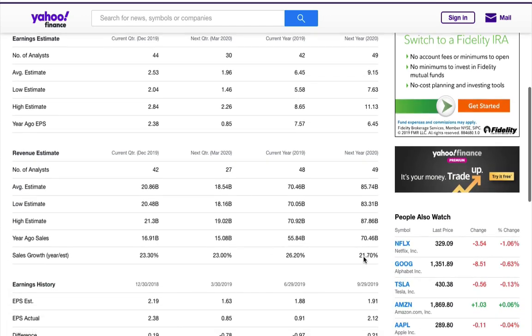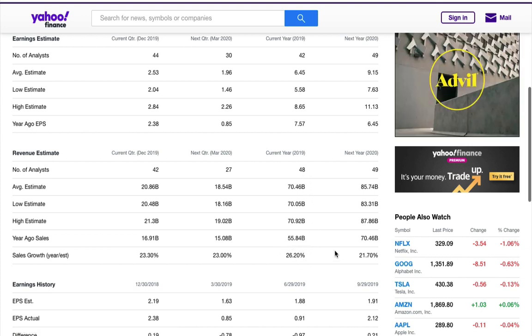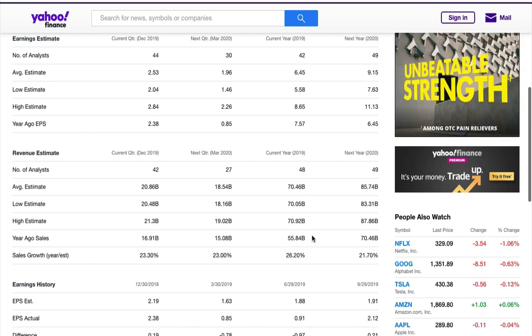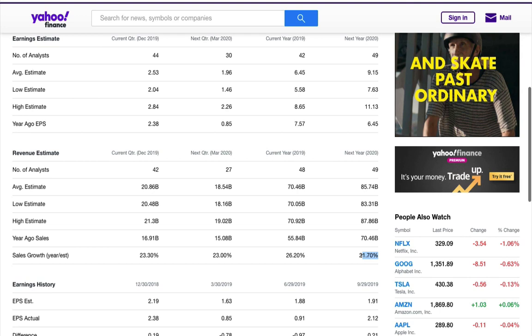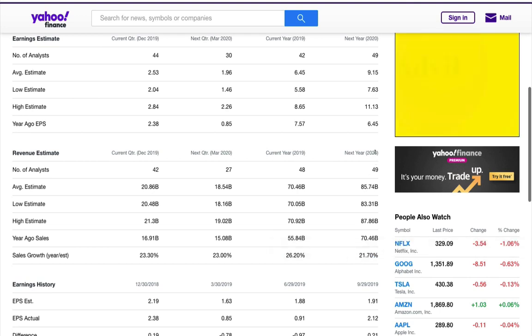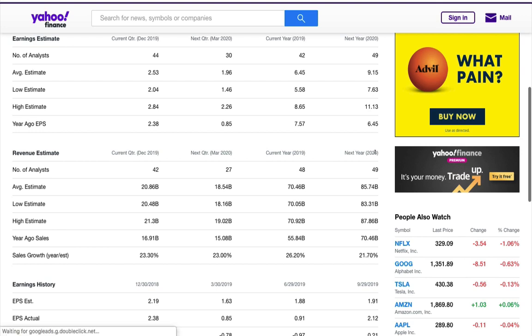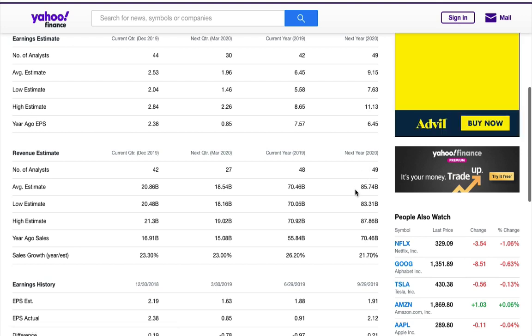And you can see this by what the analysts are expecting here of a 26% growth this year, which is pretty much done, 2019, and a 21.7% growth next year, so 2020, which is the year we're going to come into soon, right now-ish.